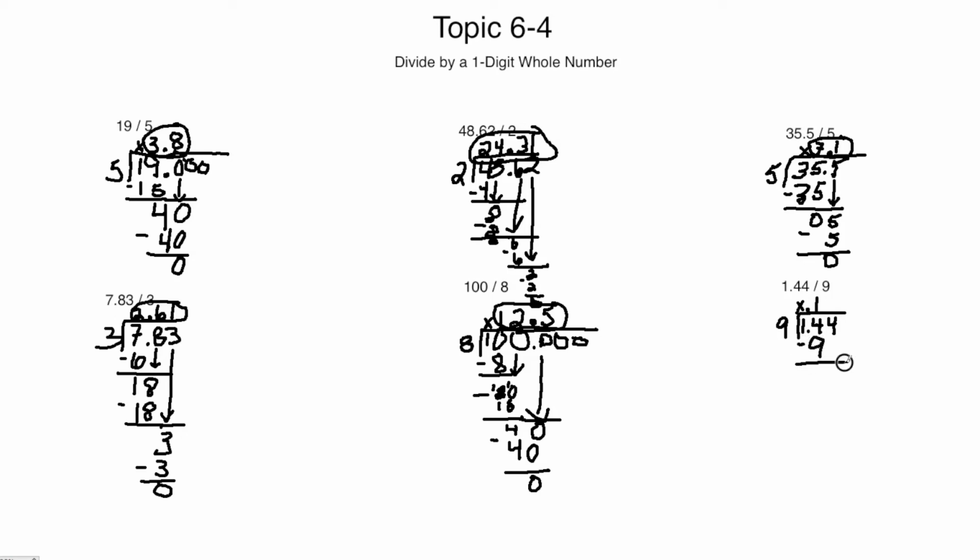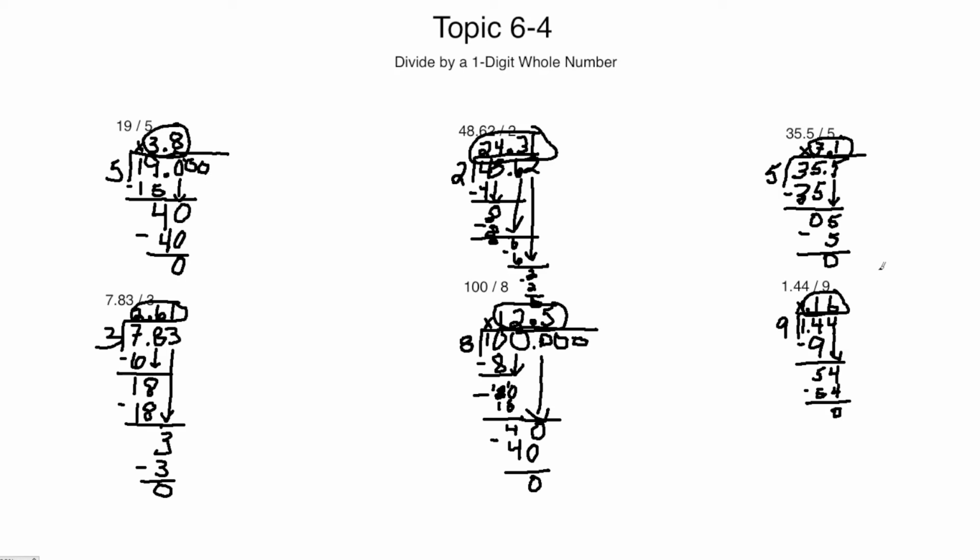And 14 minus 9 is 5. Bring down the 4. How many times can 9 go into 54? That would be 6 times. 6 times 9 is 54. And 54 minus 54 is 0. So our new quotient is 1.6. If you got that, awesome job.